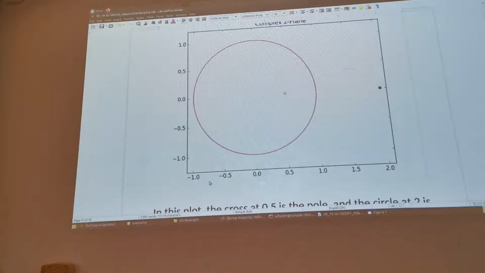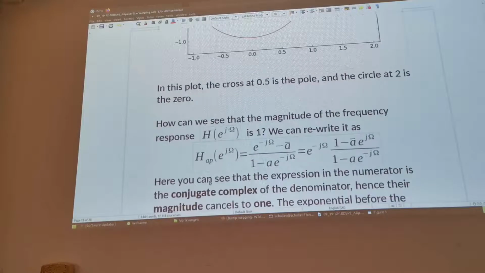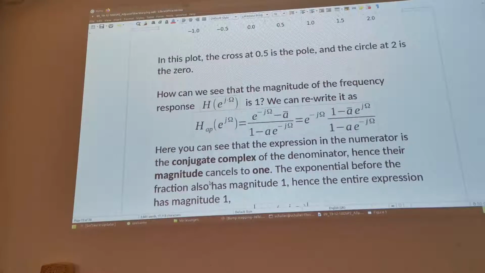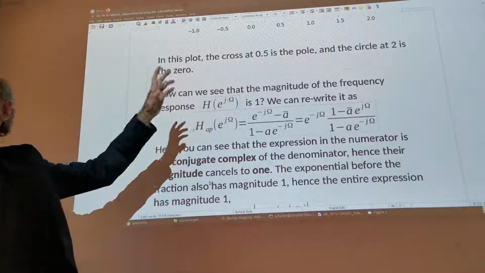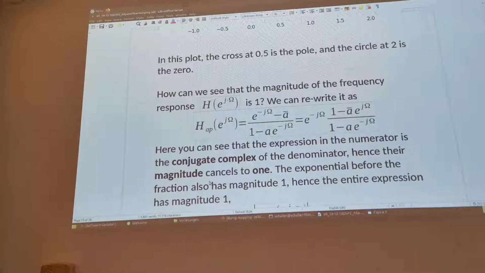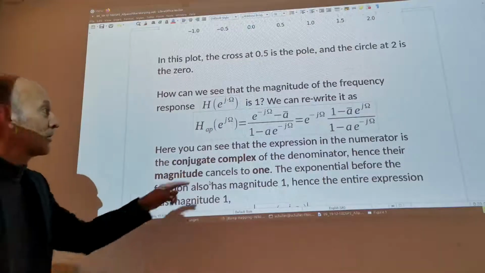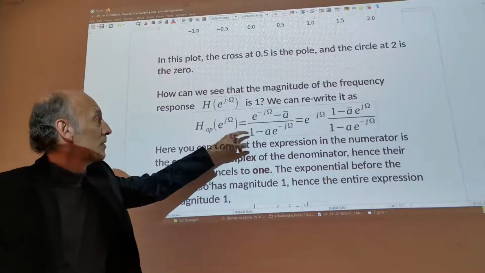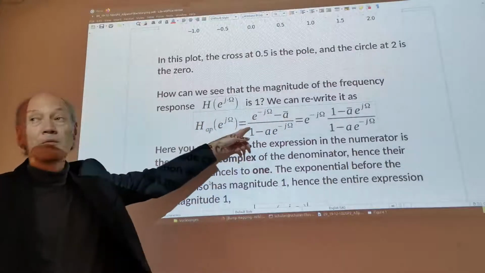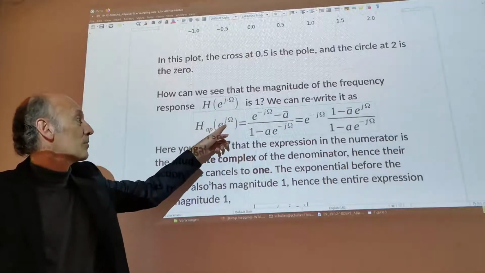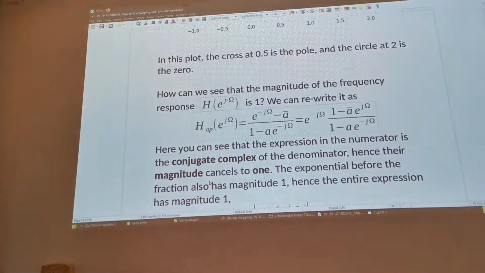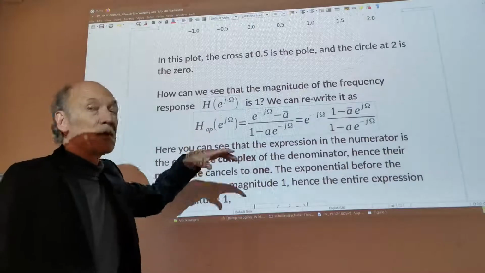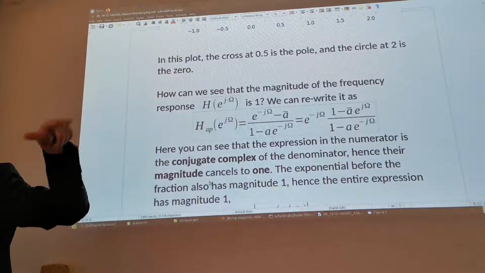Okay, so here we have this particular kind of filter. And we want to see if the magnitude is really 1, right? We didn't prove it so far. If we just rewrite our frequency response, we replace z by e to the j omega, so that we evaluate this expression on the unit circle.